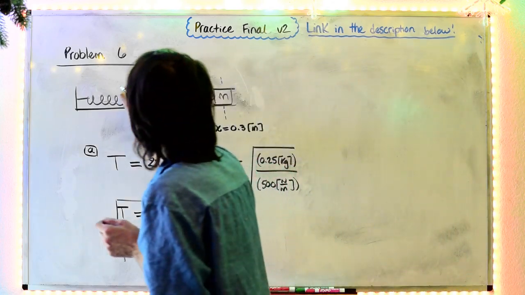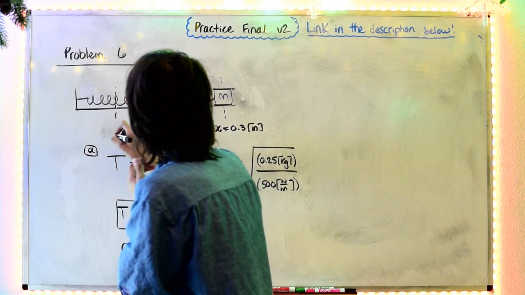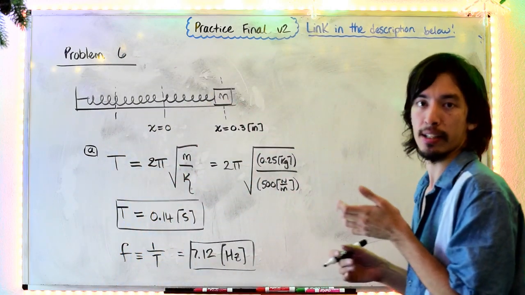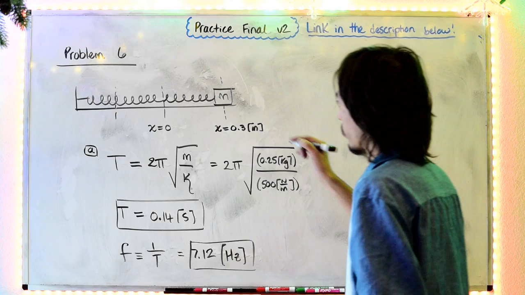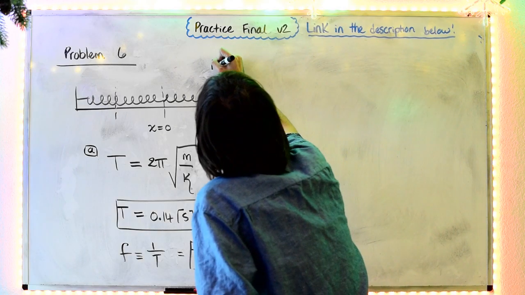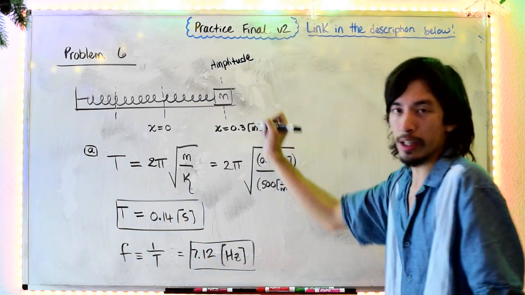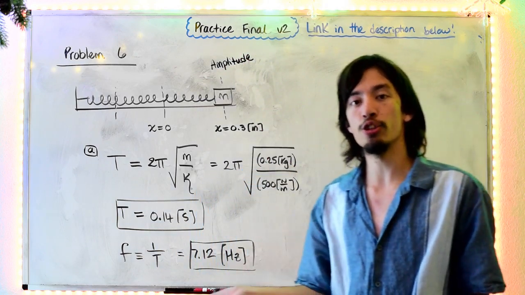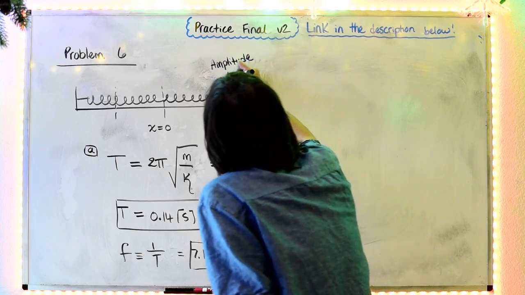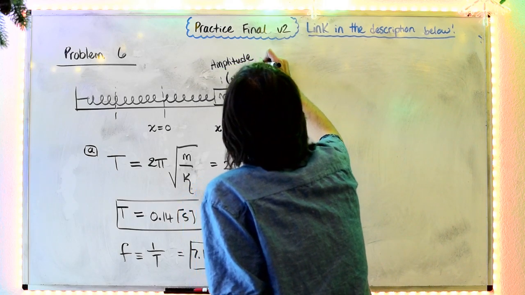You of course have the amplitude on the other side, which is just negative that distance. But the amplitudes of the motion have maximum potential energy, which is U.